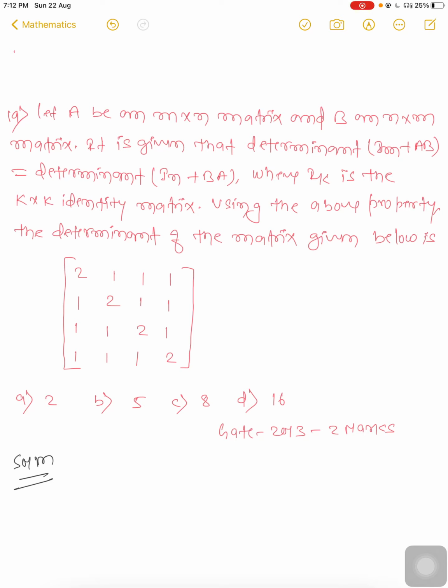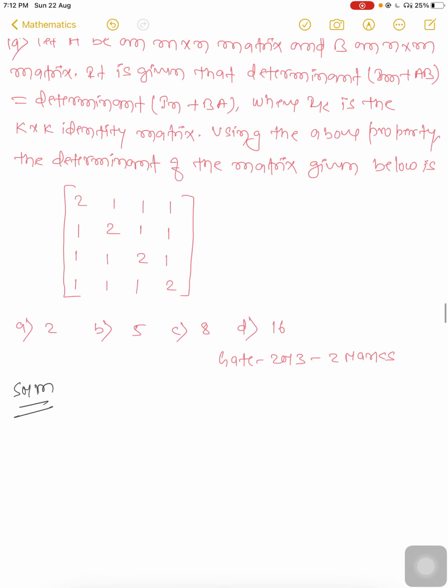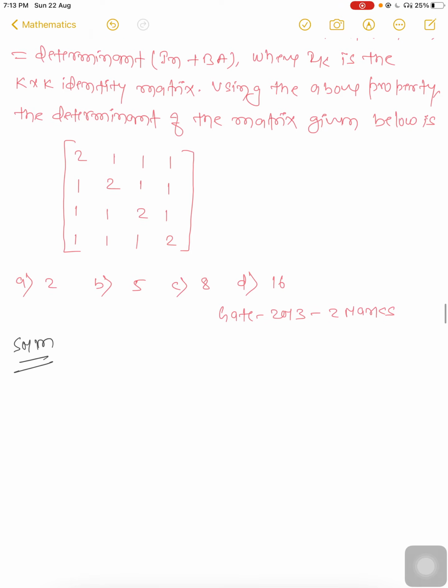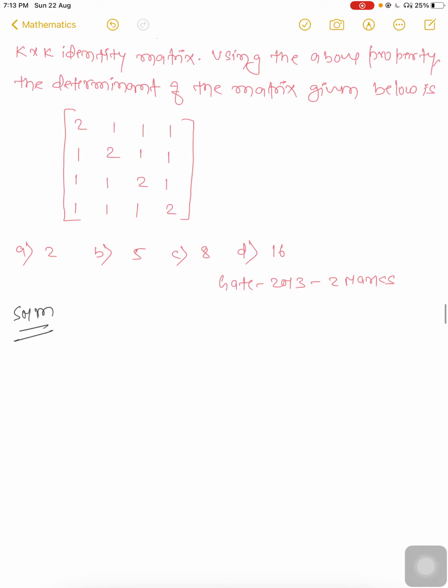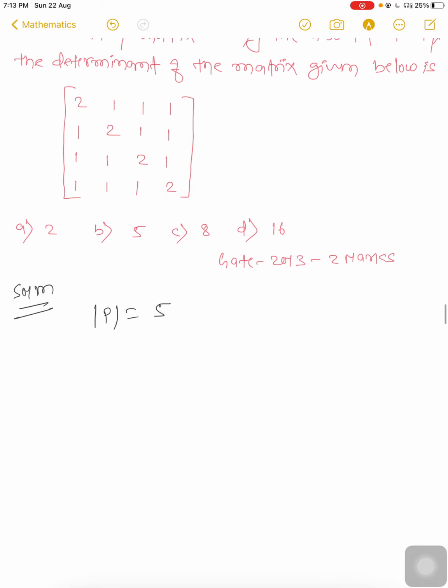See, we have to simplify all of this, and we have to find the determinant totally. After simplification, you will get 5, and simplification is the basic method.